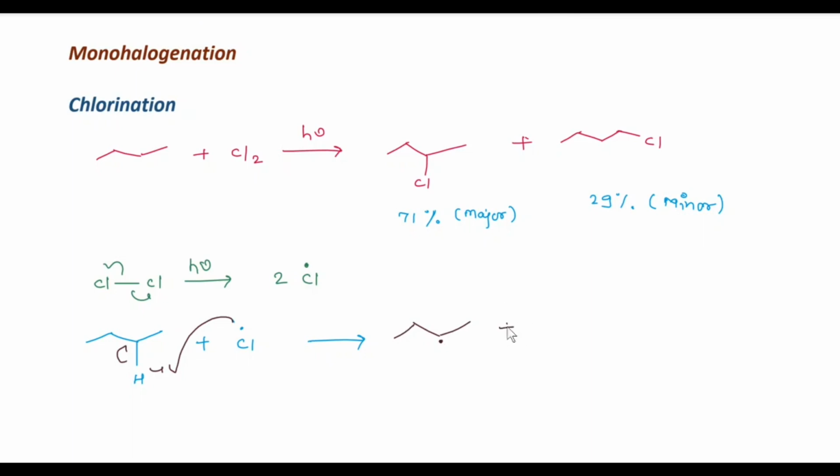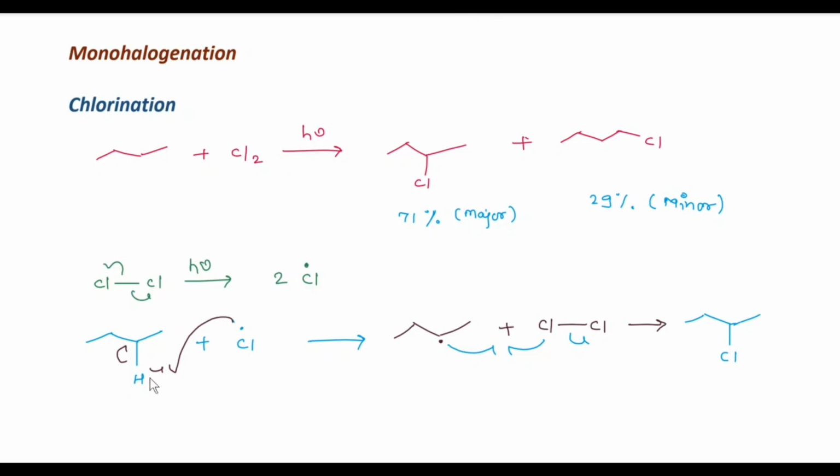In the next step, this butane radical further reacts with a chlorine molecule, and we get 2-chlorobutane. In this mechanism, the radical formed is a secondary radical, so it is more stable. So we got the major product.